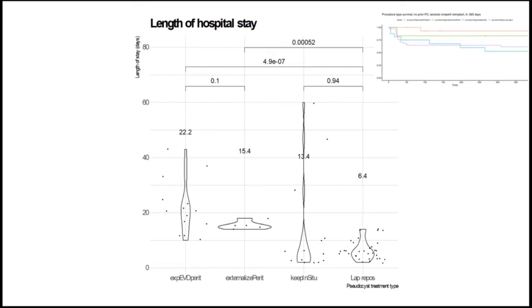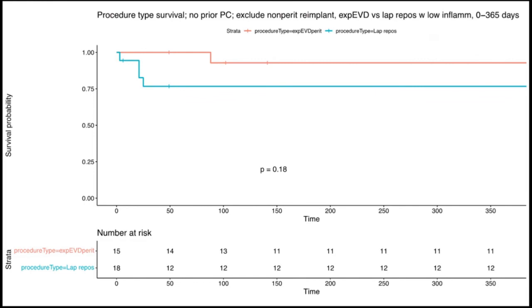And the key thing here is that for laparoscopic repositioning, the mean length of stay is about 6.5 days, and that was significantly different from the other methods where you explant the distal shunt or explant the whole shunt. And so our data did find that we had a much shorter length of stay with the lap repositioning.